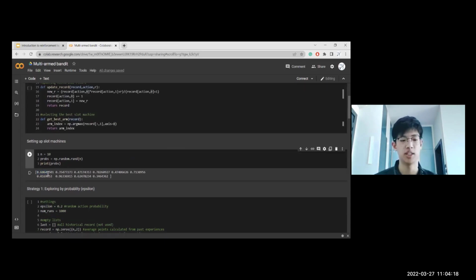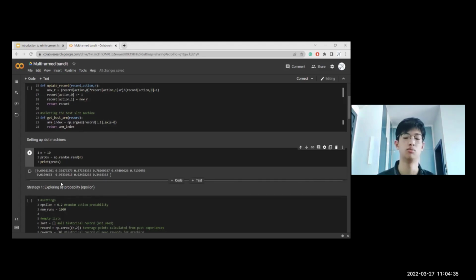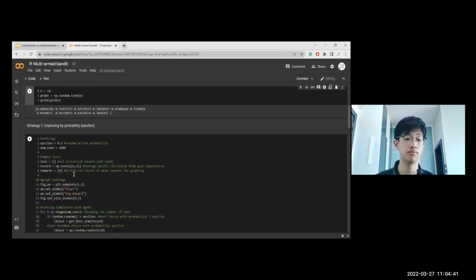You multiply these numbers by 10, and you have the average points you're going to get from each slot. You can see that this one is going to get 6.1, 3.5, 4.7, and this one is the highest one with 9.6 points on average. So what you want your model to do is find this slot and just use this over and over again.